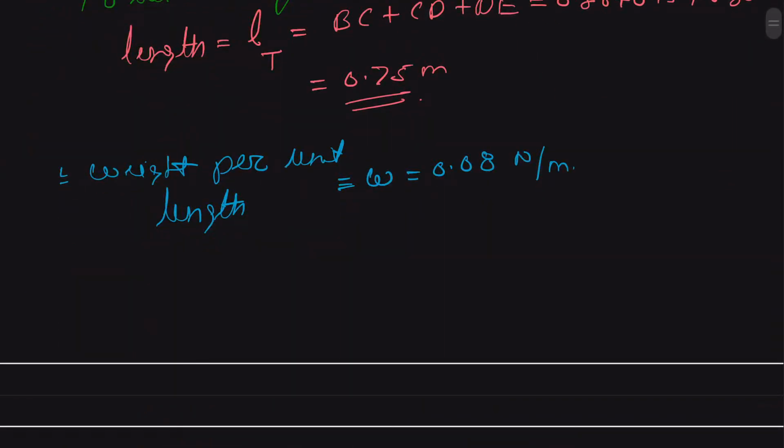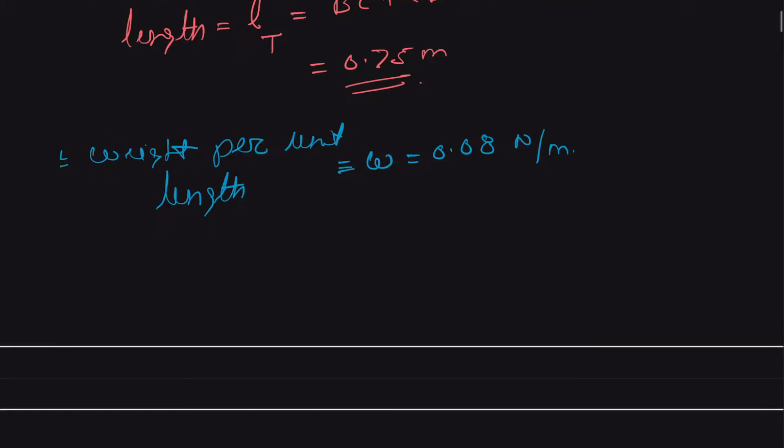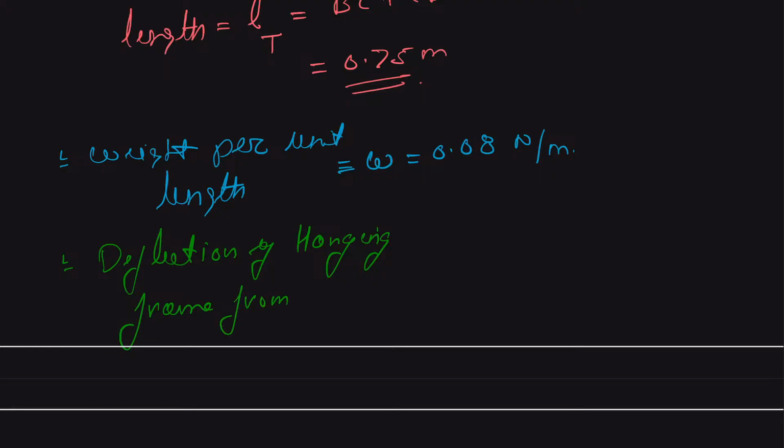And the deflection of the hanging frame from the vertical, which is our R, and this R is 0.5 centimeter, or we can say 0.005 meters.